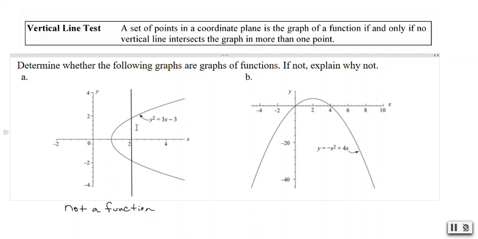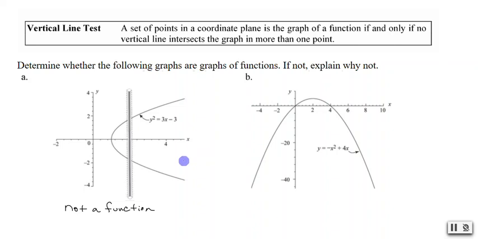And if you want to further investigate why that is the case, you can look here. Let's see if we put this point here is a 2 and some negative number, right? And this point here is a 2 and some kind of a positive number. So we put in a single x and we get two different y's.